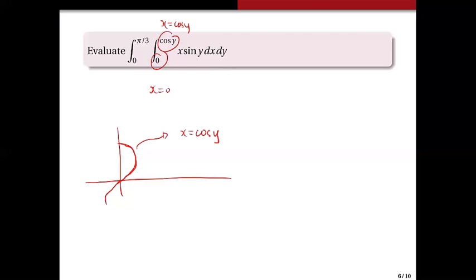No, that's not it. When y equals 0, x will be equal to 1, so that's not it. The graph is something like this. Let me change that one. When y equals 0, x will be equal to 1. And when y equals pi over 2, x will be 0.